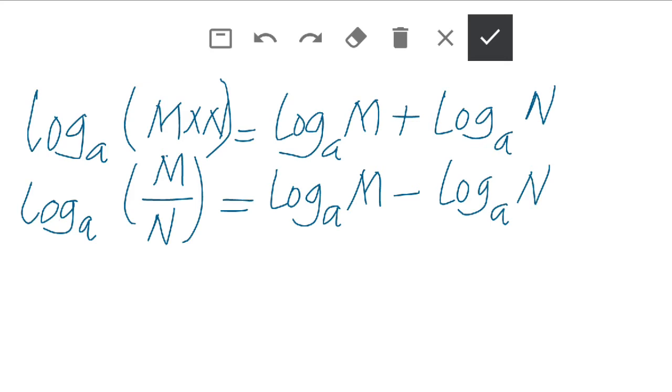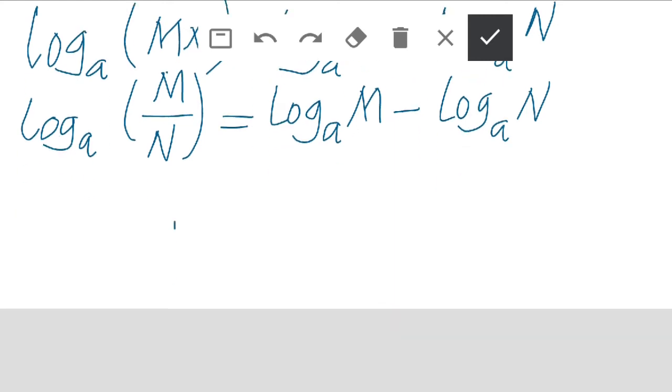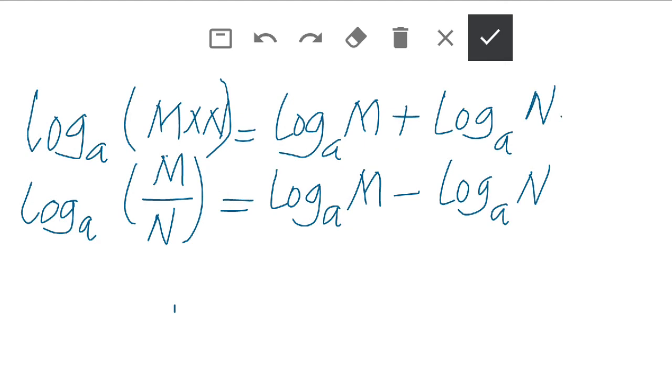If you are on the right hand side, you can always go back to the left hand side by combining them and dividing or multiplying. Let's have a few examples. Now, we have said this is the product rule, and this is the quotient rule.